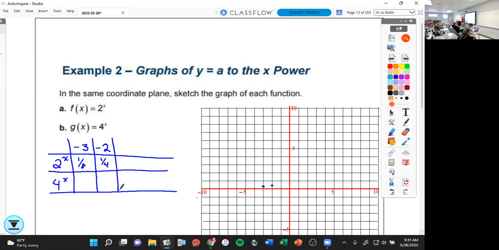Let's go to 0. 2 to the 0 power is 1. 0, 1. Let's skip a little bit. Let's go 2. 2 squared. So 2, 4. Let's go ahead and do 3, 8. So 3, 8.